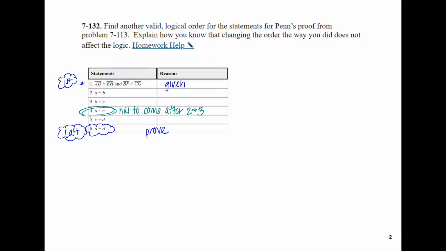So 2, 3, and 5 can come in any order. That is because they discuss angles formed by parallel lines, but we need to make sure that statement 4 comes after statements 2 and 3.